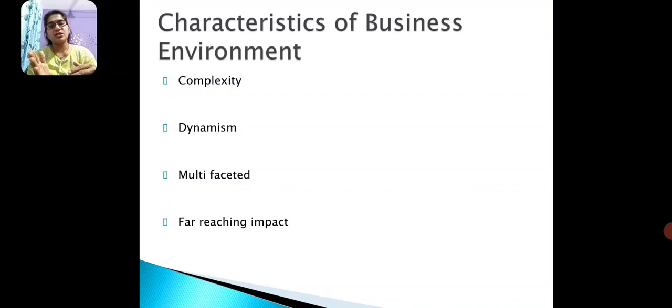Whenever the taxation policy changes, or suppose demonetization happened, it has a long term impact on every business, isn't it? So the business environment is never simple, it is complex. It is never static, it is always dynamic. It has a lot of other aspects, so it is multifaceted, and the changes in the environment have a far reaching impact.